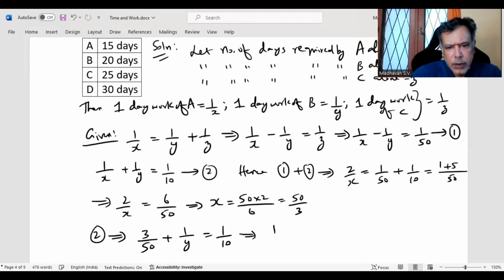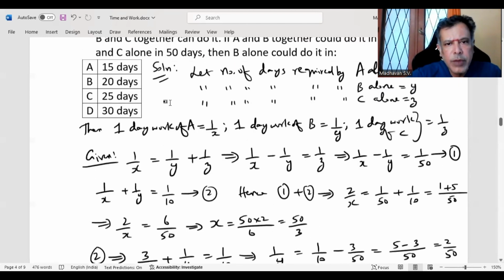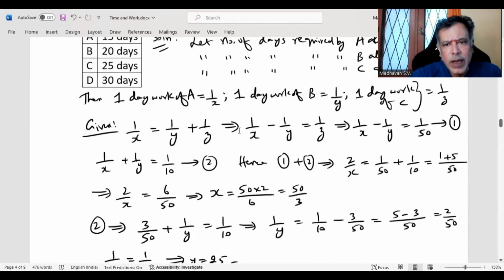That means 1 by Y is equal to 1 by 10 minus 3 by 50. The LCM now is 50. So here we have 5 minus 3, we get 2 by 50, which means 1 by Y is nothing but 1 by 25. That means Y is equal to 25. And that is what we require, B alone.